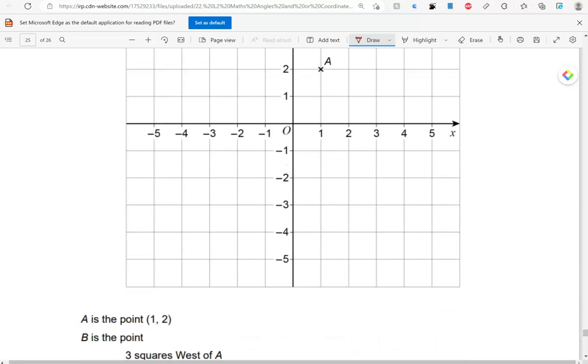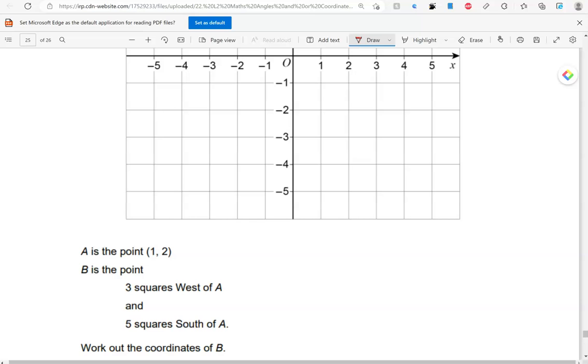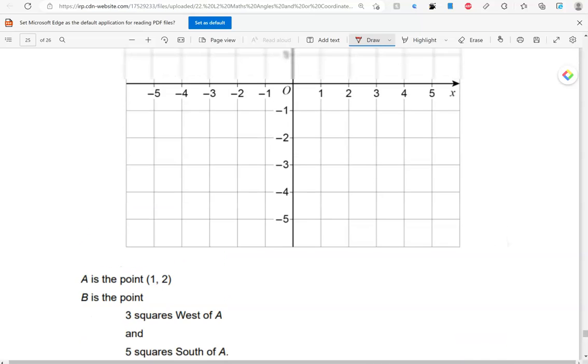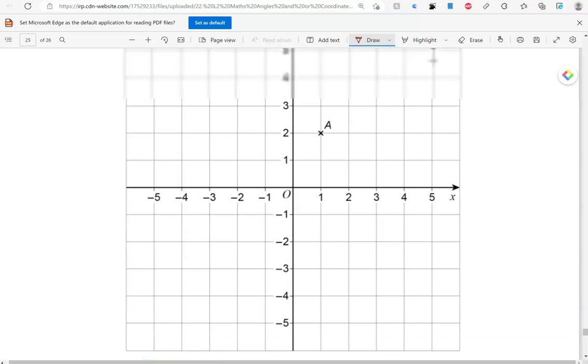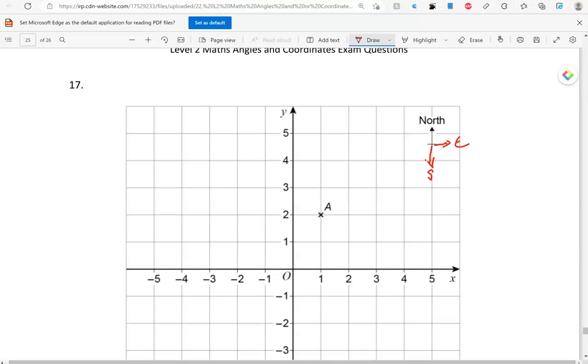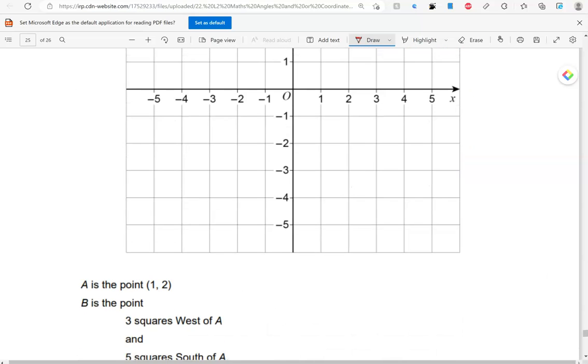A is the point 1, 2. B is the point 3 squares west of A and 5 squares south of A. Work out the coordinates of B. So 3 squares west of A. So this is north, this is south, this is east, and this is west. So we're going 3 squares west.